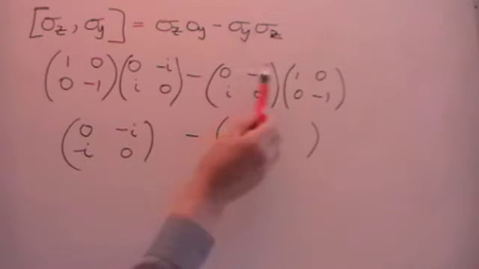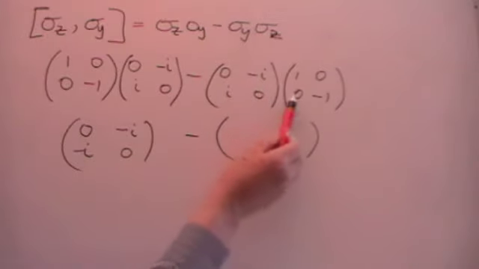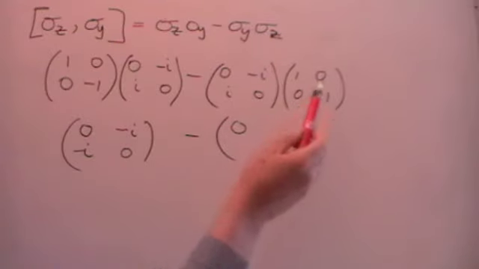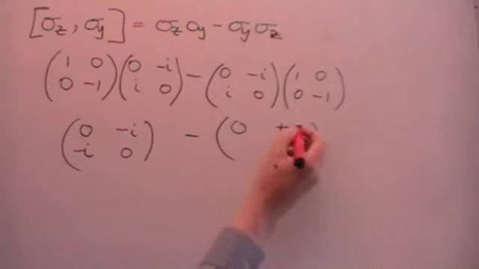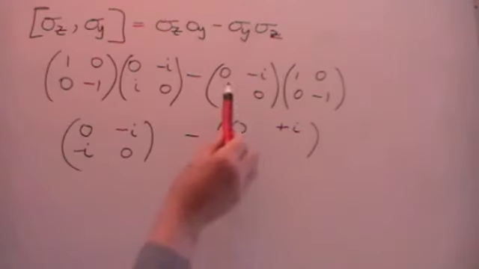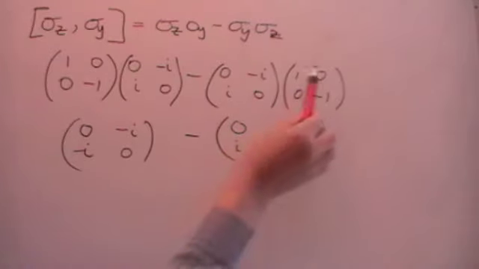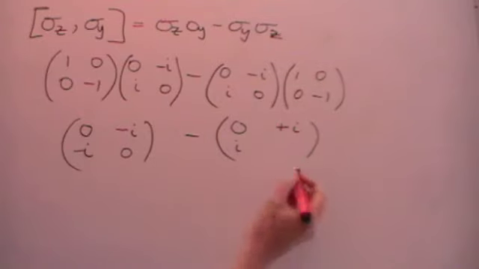Over here I've got 0 times 1 minus i times 0 is 0. 0 times 0 plus minus i times minus 1 is plus i. i times 1 plus 0 times 0 is i. And then i times 0 plus 0 times minus 1 is 0.